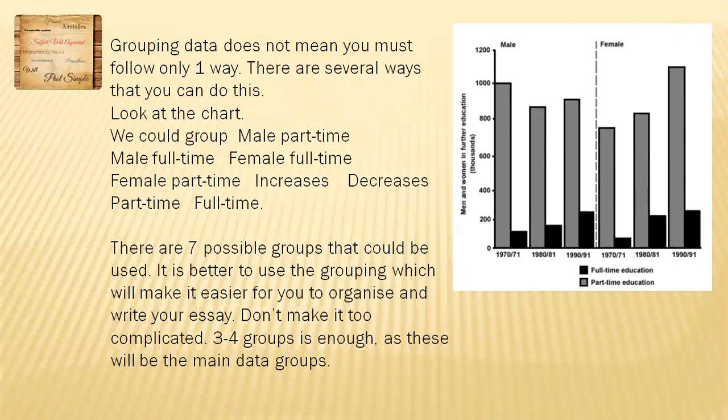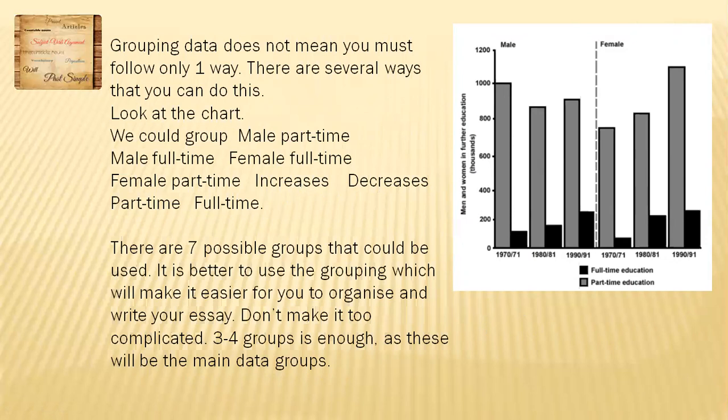My advice, and probably many other teachers' advice, would be only go with a few. 3 or 4 is average. 2 to 3 depending on what the information is. For example, for some line graphs, you may only get 2 lines. So therefore, there will only be 2 groups.